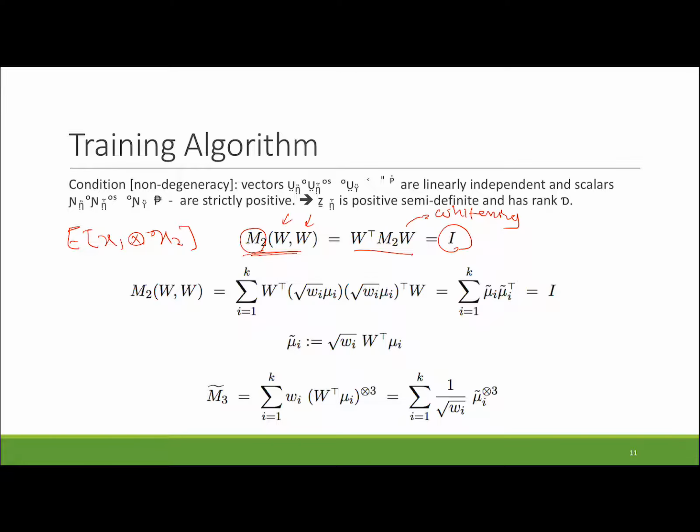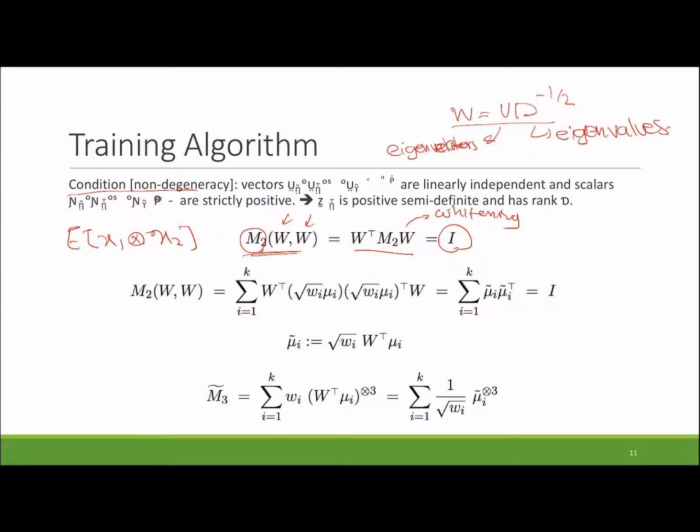And so let's assume that W is U D inverse, where U is the matrix of eigenvectors, and D holds the eigenvalues, right? Because of the non-degeneracy assumption, which is for the factors to be linearly independent, I know that M2 is positive semi-definite.